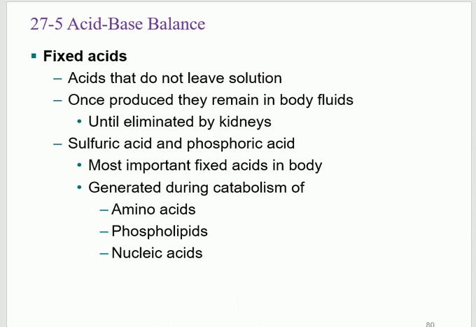Sulfuric acid and phosphoric acid are the most important ones. They come from different things like amino acids, phospholipids, nucleic acids, but you need to remember those names, sulfuric acid and phosphoric acid. These are fixed acids. If it is in a solution, it doesn't go. It's fixed, and that's why we call it fixed.